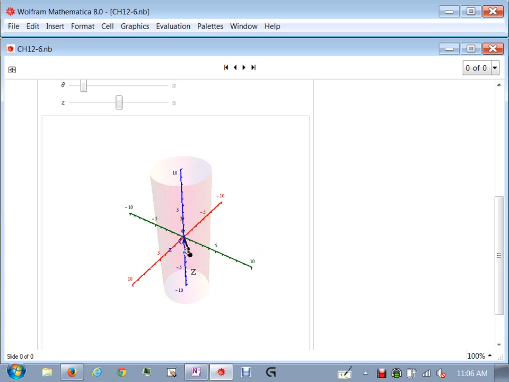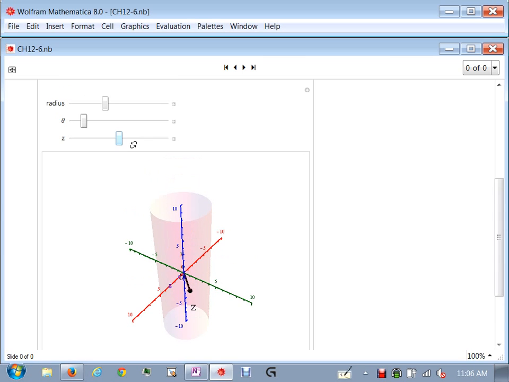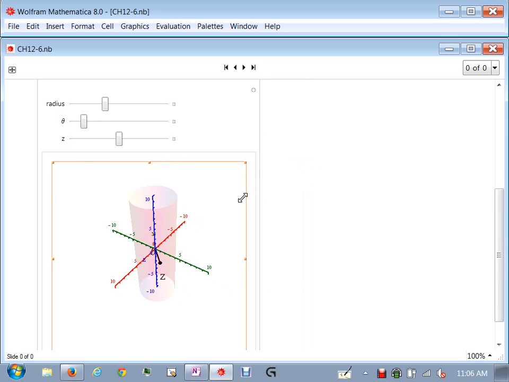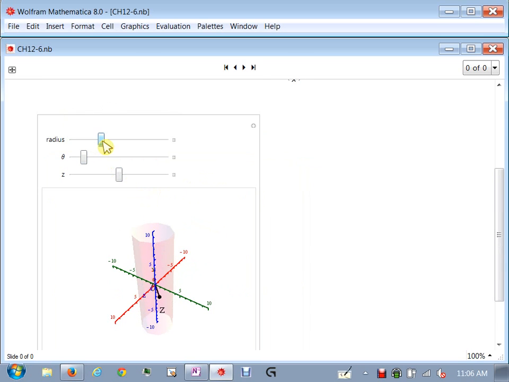So our x-axis is coming out this way. Our y-axis coming out this way. I can change my radius, right? Change my radius. I can change my angle, which would spin me around, right? And then the z-coordinate is just going to stay z, so it just can go up or down.